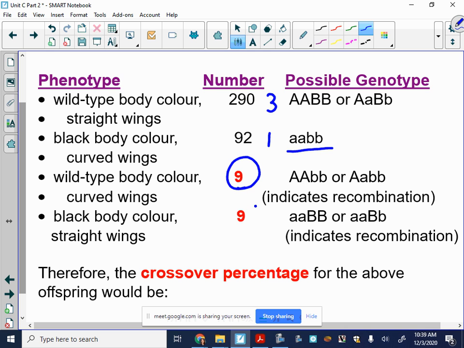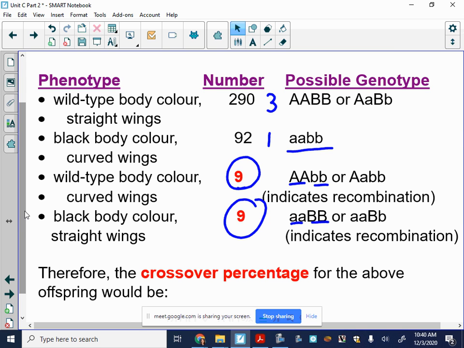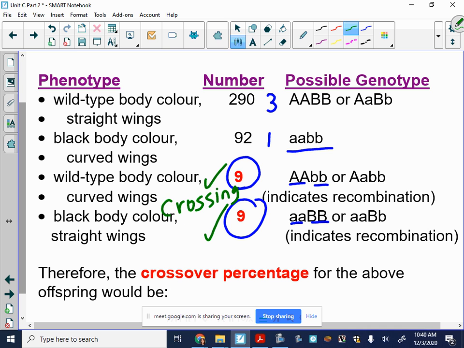But then there were these oddball combinations: nine of the 400 showing dominant for one trait and recessive for the next, and nine of them showing dominant instead for body color and recessive for wing shape. These were the unexpected phenotypes, and he concluded that these were the result of crossing over.